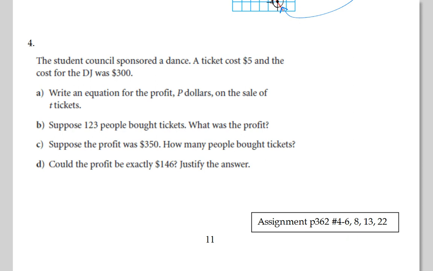Student council, you're gonna have a dance, a little dance party. Ticket cost $5, and the cost for the DJ is $300. Okay, apparently it costs $5 to print a ticket. I'm not sure why. Or is it $5 for someone to buy a ticket?